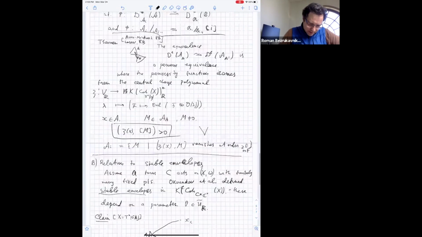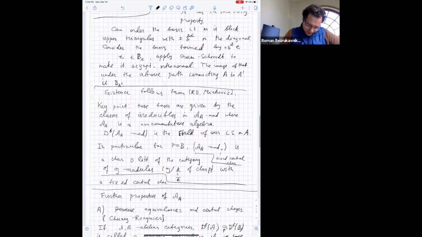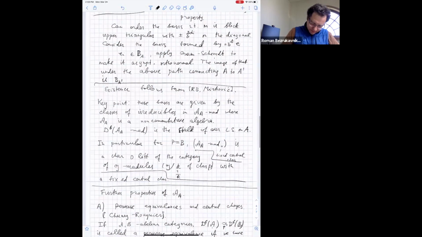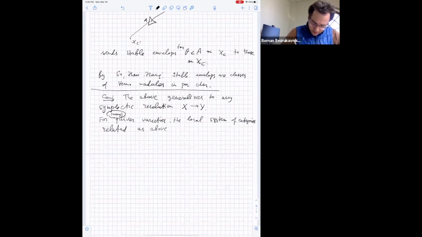Part of it is a theorem being written down with Okounkov, namely, so we didn't get to this perverse equivalences business, unfortunately, but the local system of categories related as above to quantum cohomology and stable envelopes.